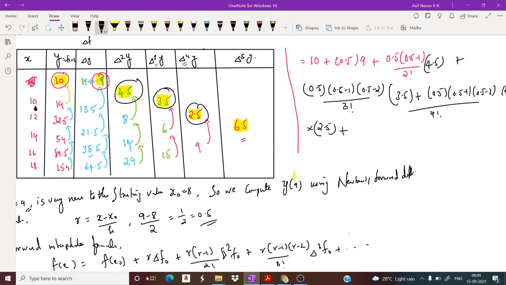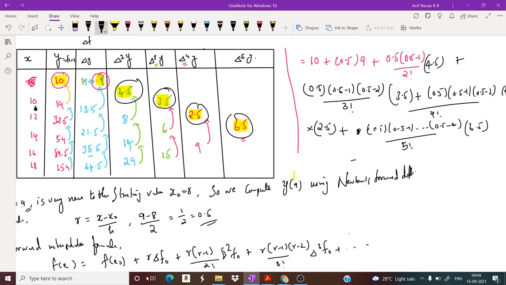Similarly, plus next last, 0.5 into 0.5 minus 1 into etc. up to 0.5 minus 4 divided by 5 factorial into 6.5.